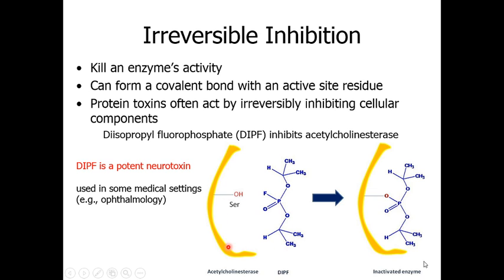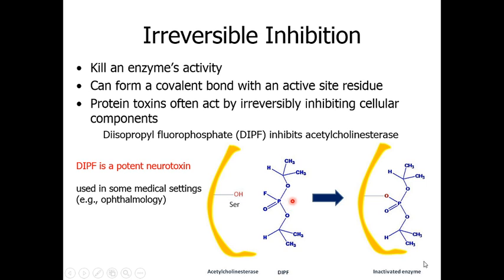The way it works is that acetylcholine esterase has a serine hydroxyl that is important for its activity. DIPF, with this structure, is a fluorophosphate, as you can see, and this bond is electrophilic, or very reactive.